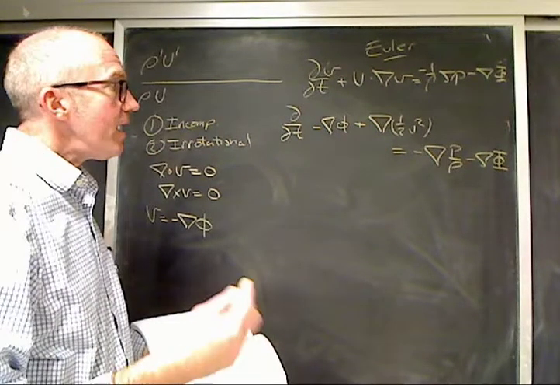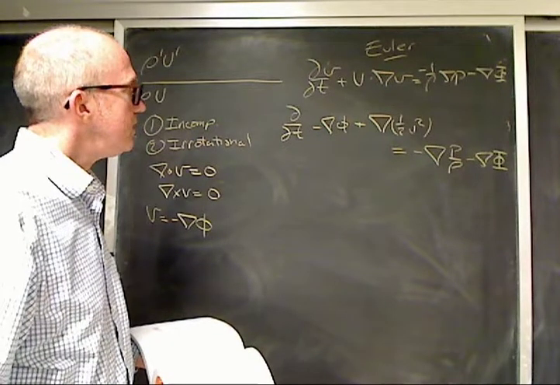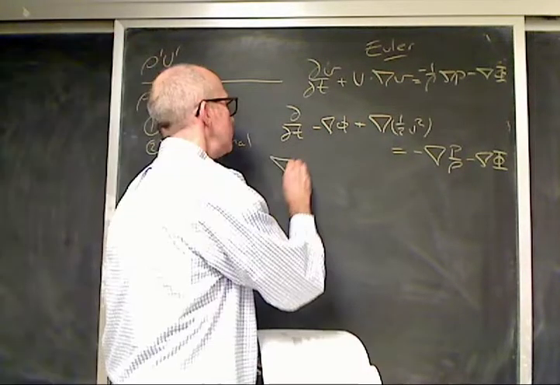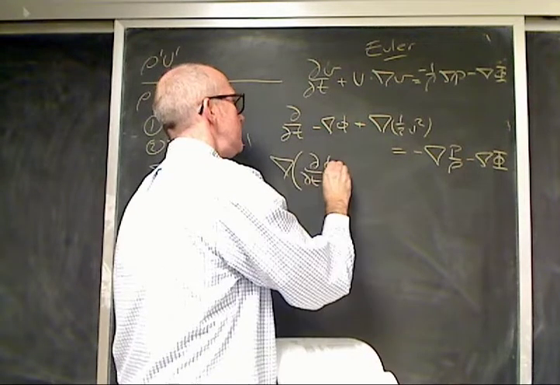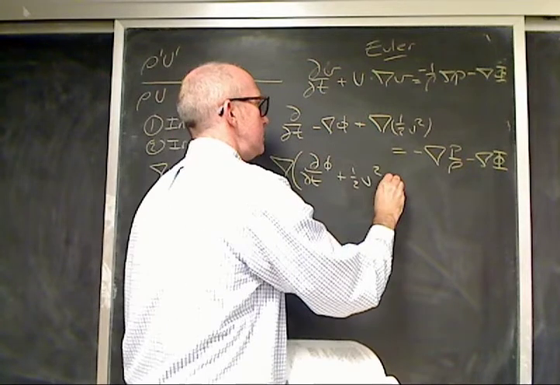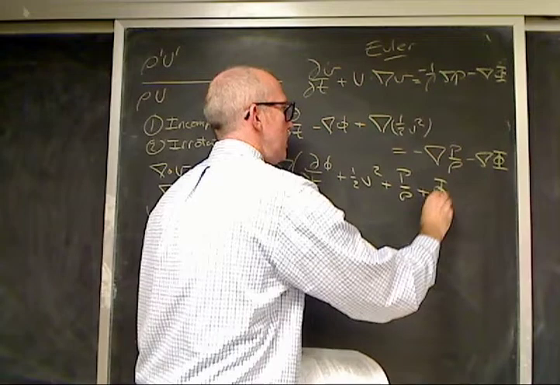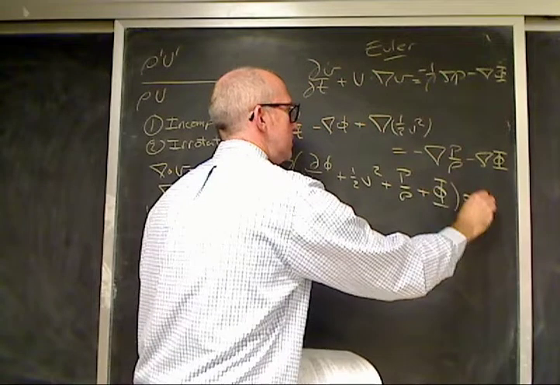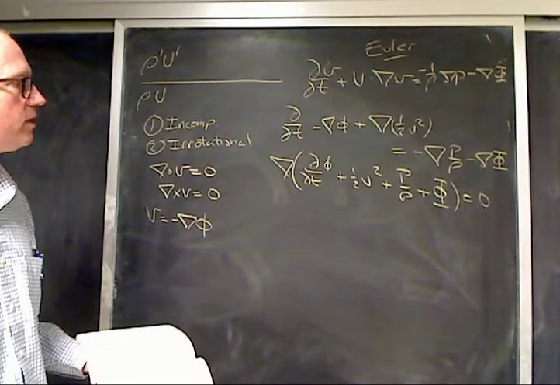So now I have everything in the gradient, so that I can say grad of d by dt of my potential plus 1/2 v squared plus p over rho plus big phi is 0. Just pulling everything over.